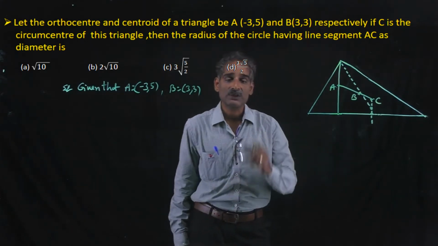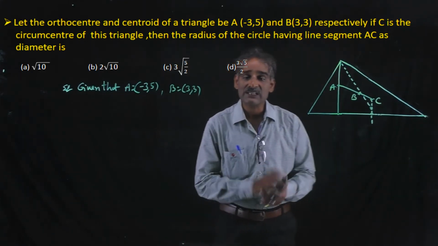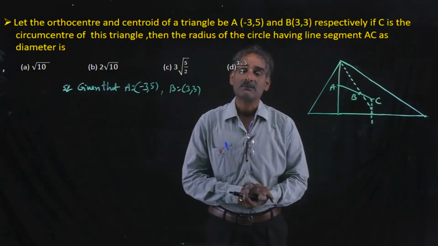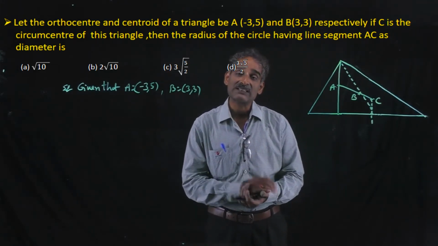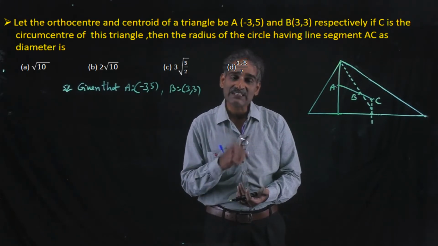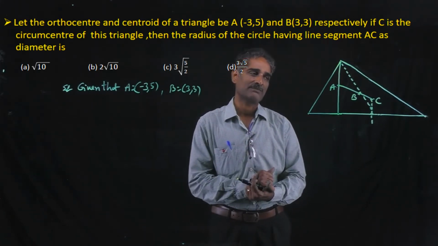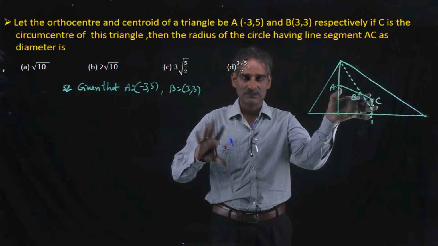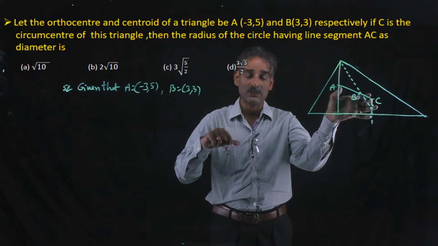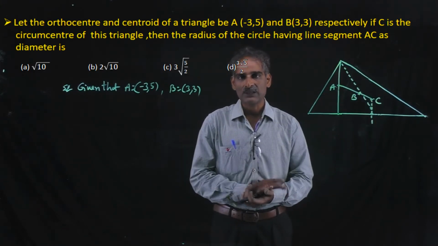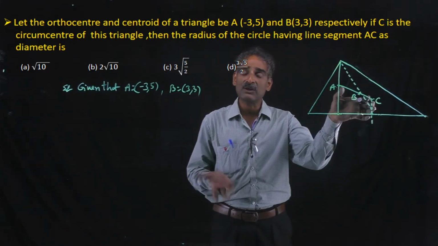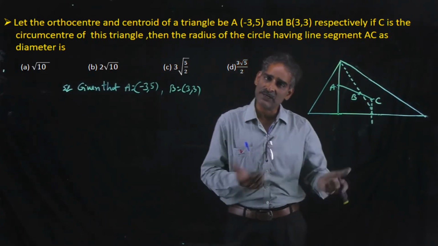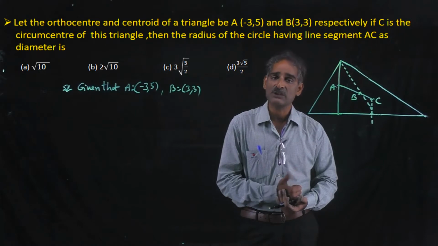Okay, so here observe that C is the circumcenter of this triangle, then the radius of the circumcircle having the line segment AC as diameter. Here AC is the diameter of the circumcircle. If suppose AC is the diameter of the circumcircle, what is the radius of the circle? That means AC is the diameter. What is the radius of the circumcircle? AC by 2. If you know the length of AC, we can find out the radius. AC by 2 is the radius.